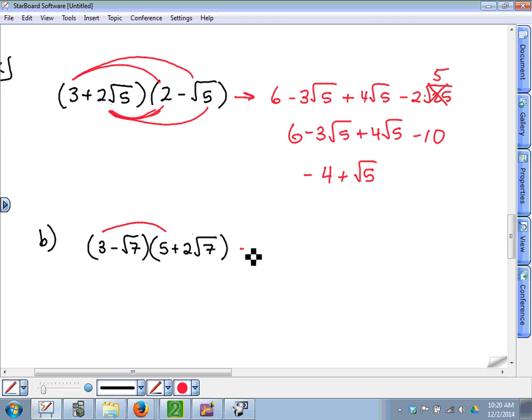So, 3 times 5. Let's speed this up. This is taking too long. 3 times 5, 15. 3 times 2 root 7 is 6 root 7. All right, so far so good. And then we have negative root 7 times 5. So that's negative 5 root 7.